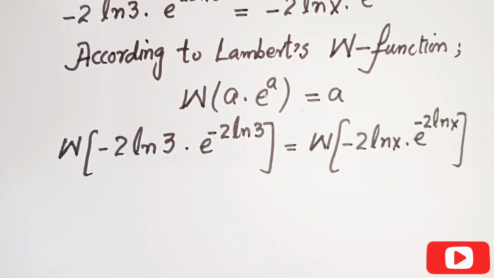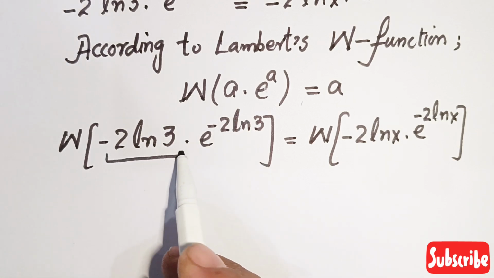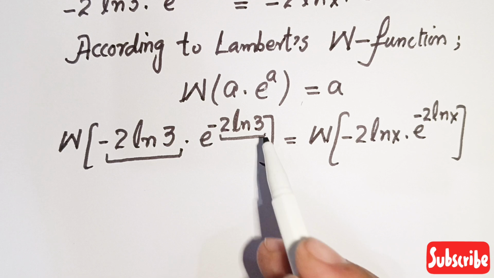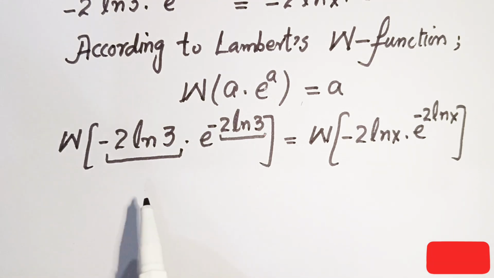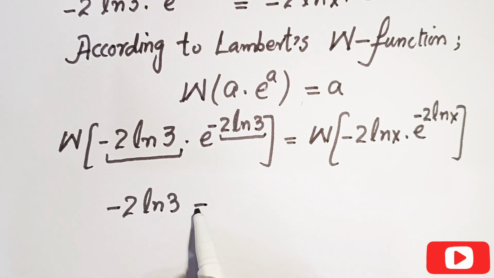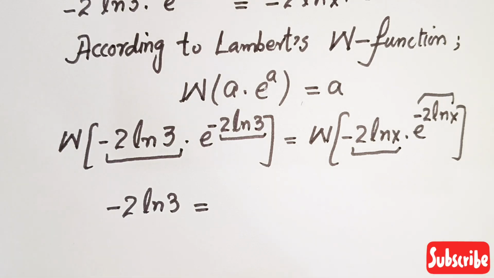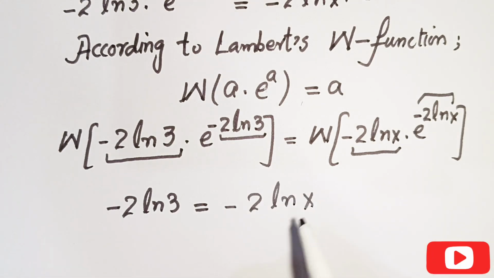Applying this function, we see that this minus 2 natural log of 3 and this minus 2 natural log of x are the same form, so we write minus 2 natural log of 3 is equal to minus 2 natural log of x.